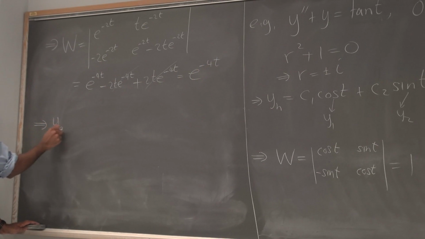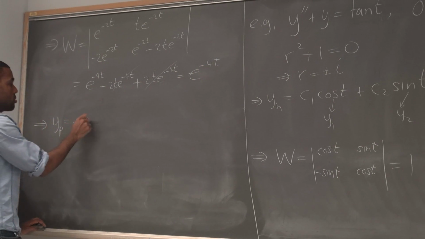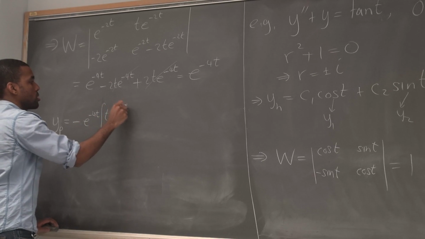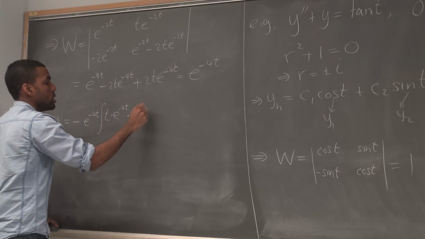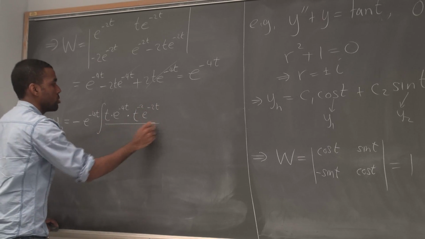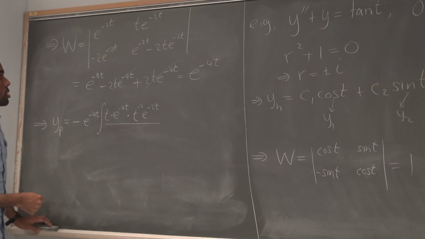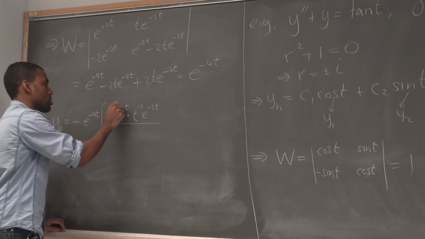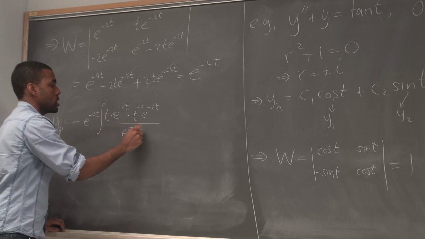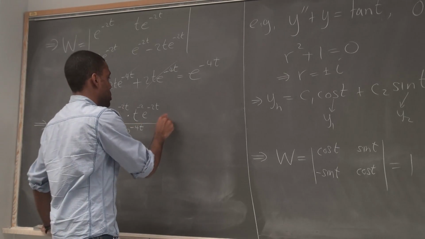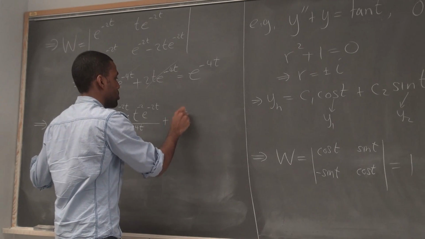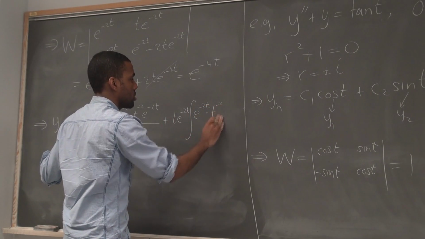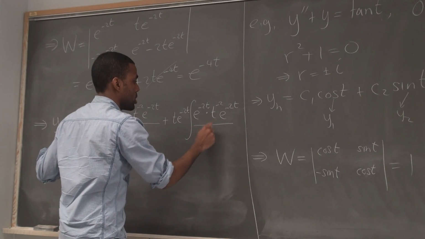This means the particular solution is minus y1 times the integral of y2 times g, which was t^(-2) e^(-2t), all over the Wronskian, which is e^(-4t), plus y2 times the integral of y1 times g all over the Wronskian.